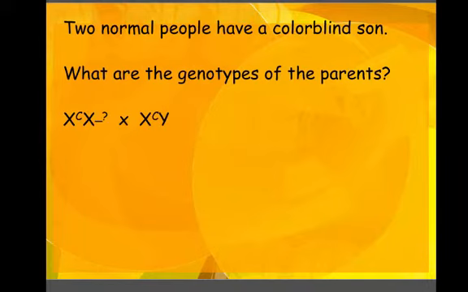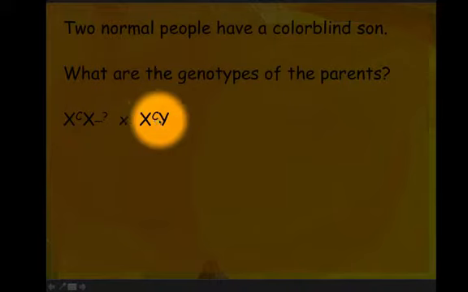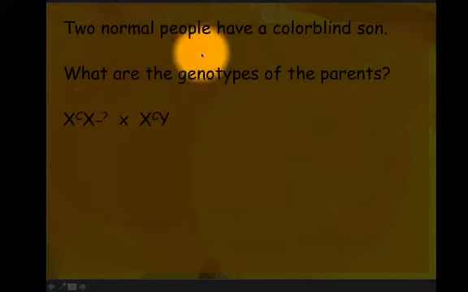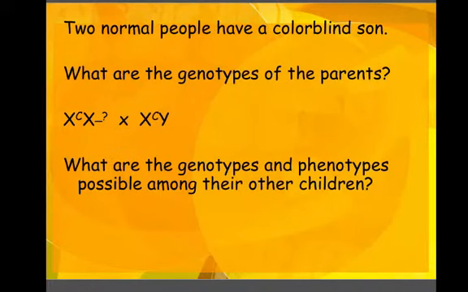Well, we know that if the father is normal, he has to have XY with a big C. If the mother is normal, she definitely has one big C, but she could have another big C or a little c. Since her son has color blindness, we know that he has to have the little c, and therefore she has a little c.